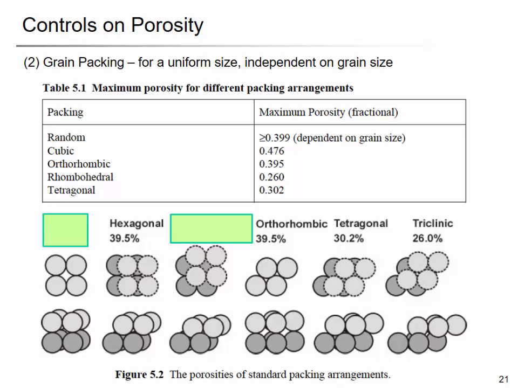The second control on the porosity is the grain packing. So if we assume a uniform size sphere, depending on the packing, you may have different porosity. Right? So which one is the largest one? The simple cubic packing has the largest porosity, about 48%. So this is the simple cubic packing, right? This one.